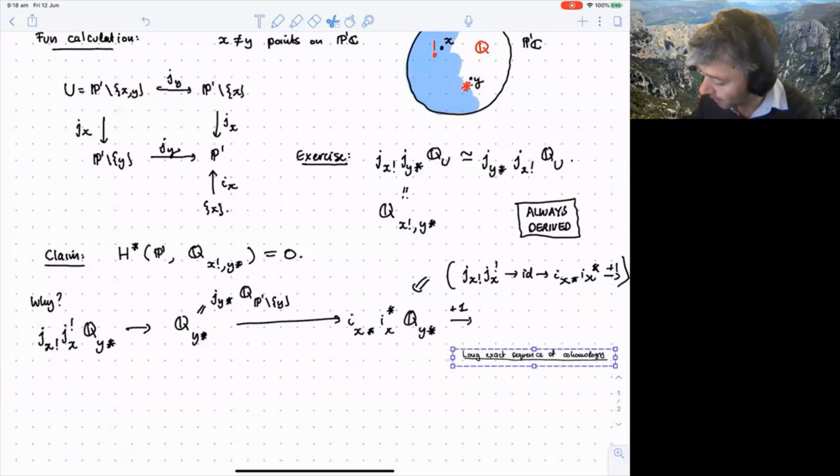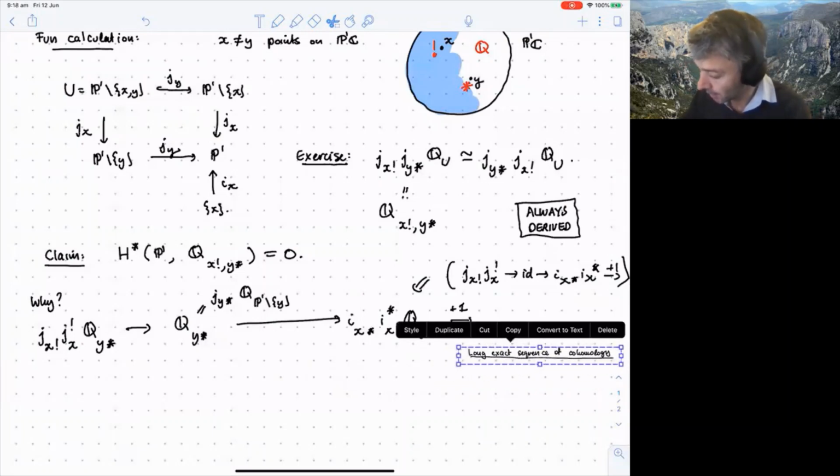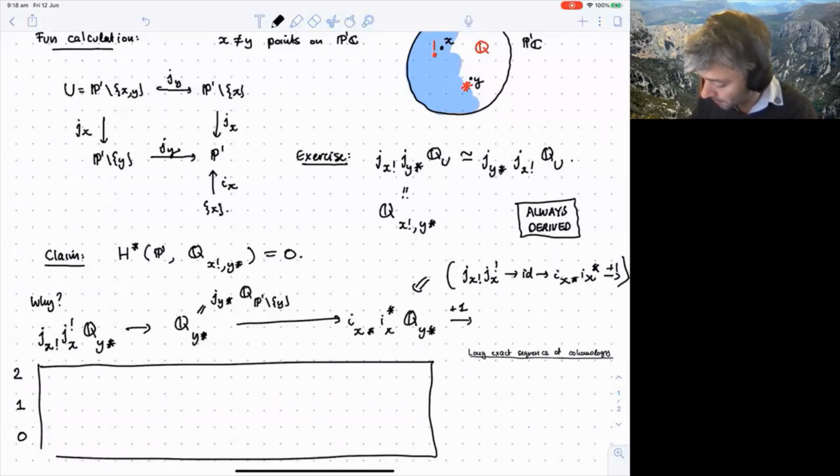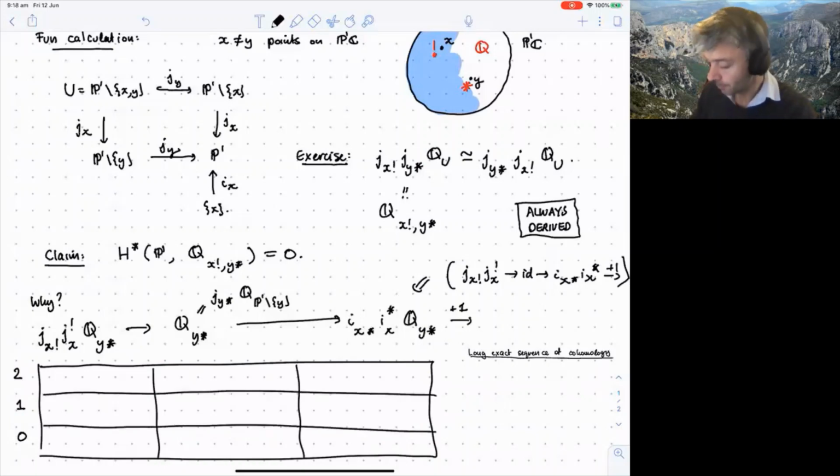Okay, you know what this says. So here's my cohomological degrees, 0. Okay, so we're taking global cohomology, applied to this distinguished triangle.